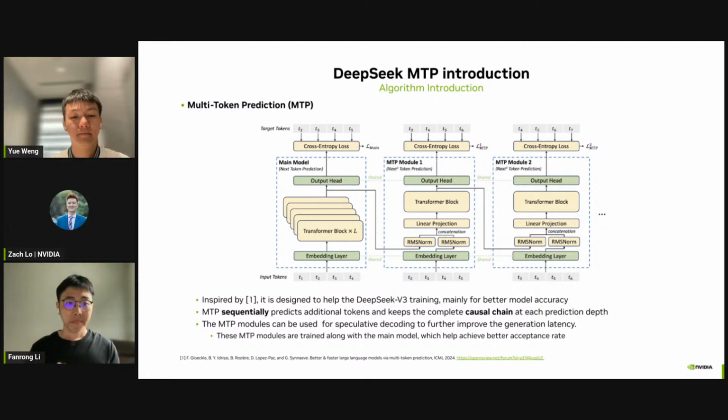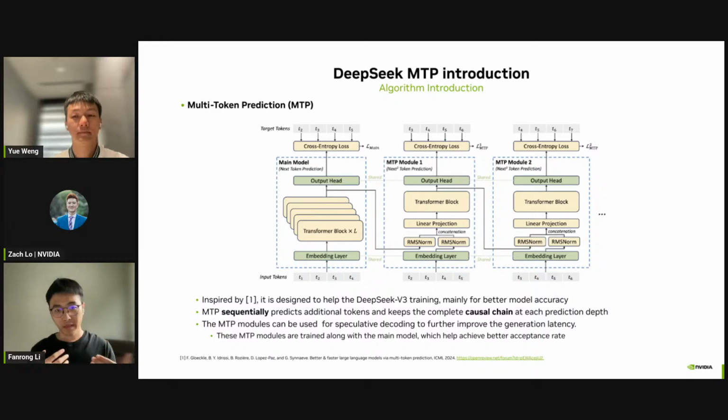MTP module 1 is used to predict another new token, token 6, and the next MTP module predicts the next token, token 7. In this way, MTP can extend the prediction scope to multiple tokens rather than only one, which helps train the model better, and we can achieve better model accuracy.